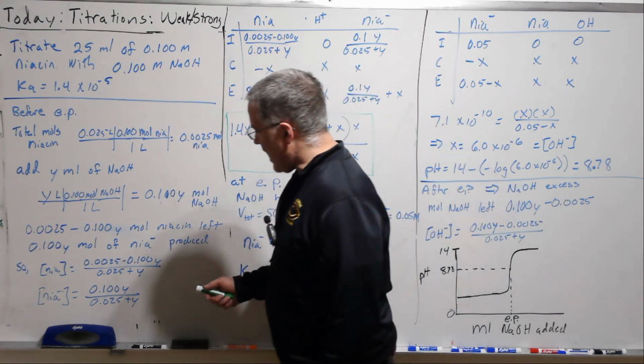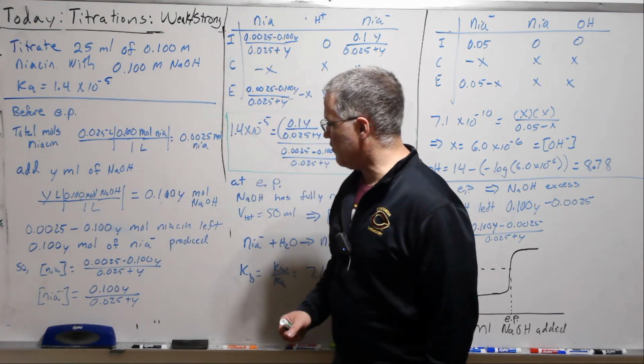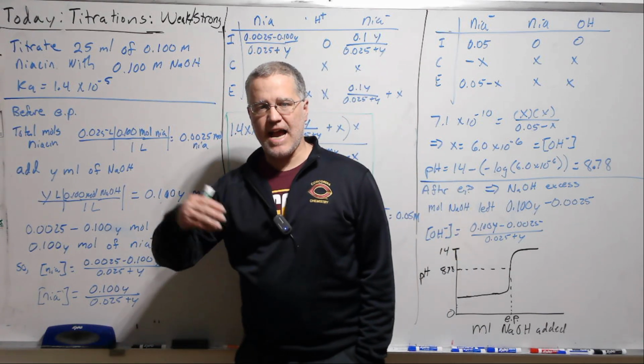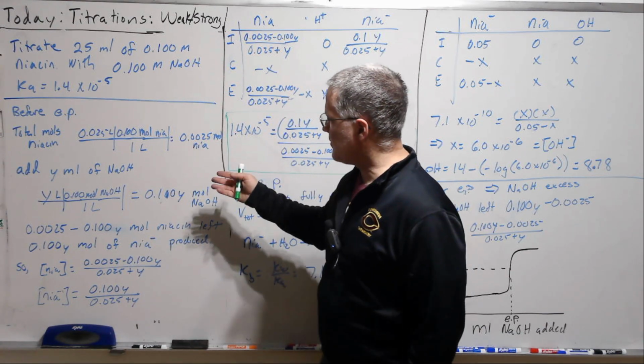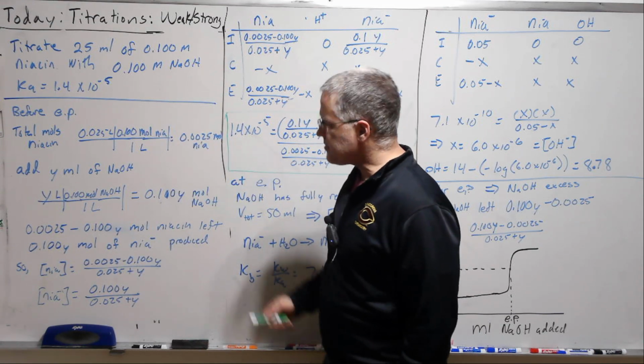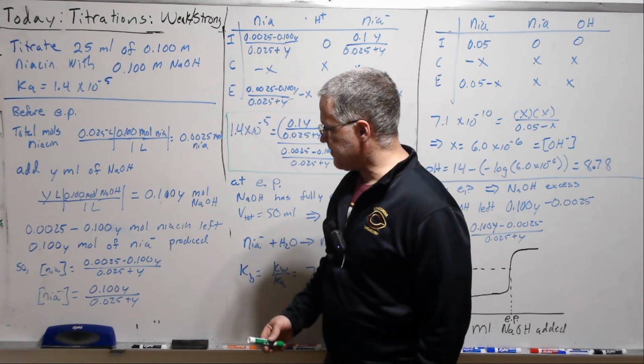We can figure out the concentration of niacin left over, because we will take the base to react 1-to-1 with the niacin, because it's a monoprotic acid. And of course, sodium hydroxide is a monoprotic base.